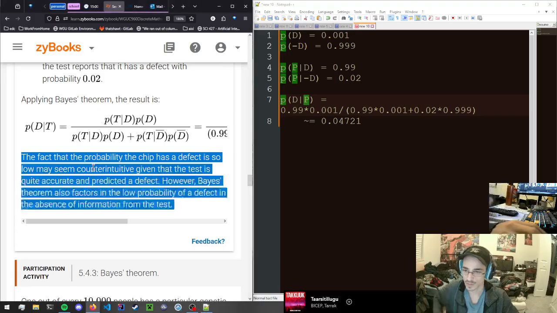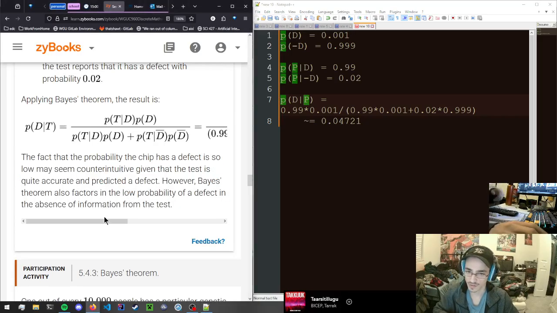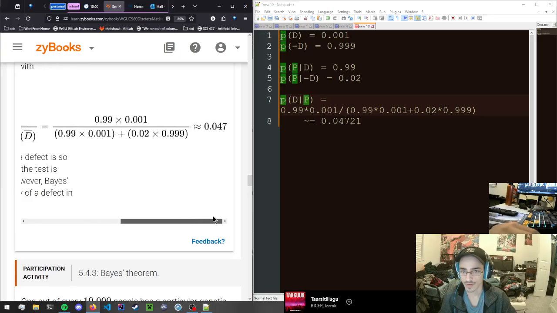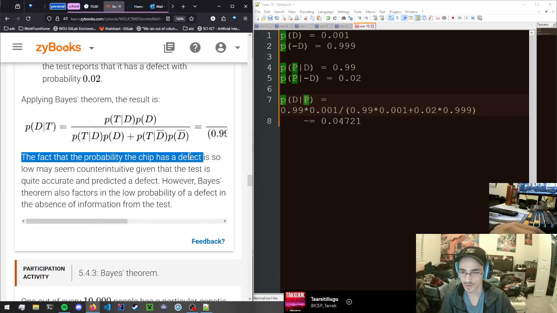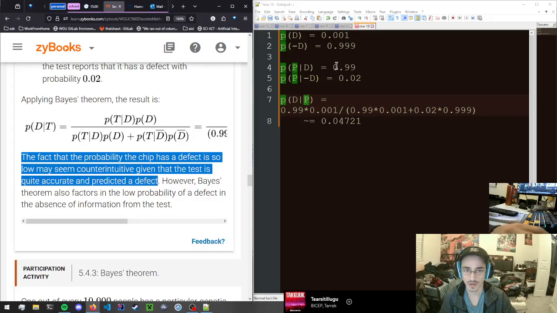It's a 4% chance? Wow, it's so low, seems counterintuitive, but the test is quite accurate.